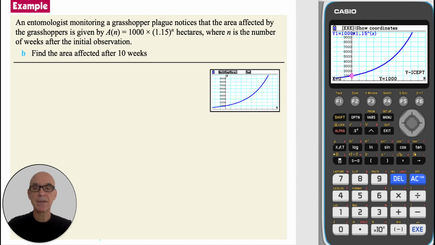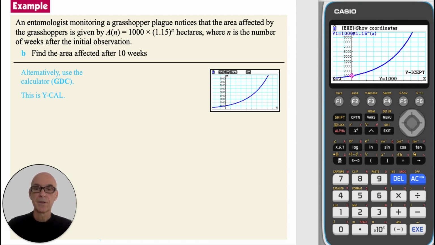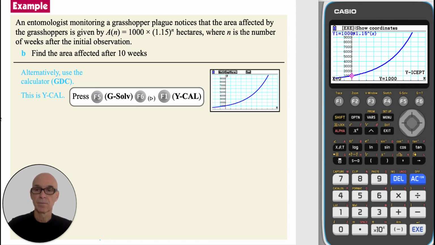In part B, to find the area affected after 10 weeks, we can either substitute that value, 10, into the function and simplify the result as shown, or alternatively, we can use the calculator. This is a Y calculation.